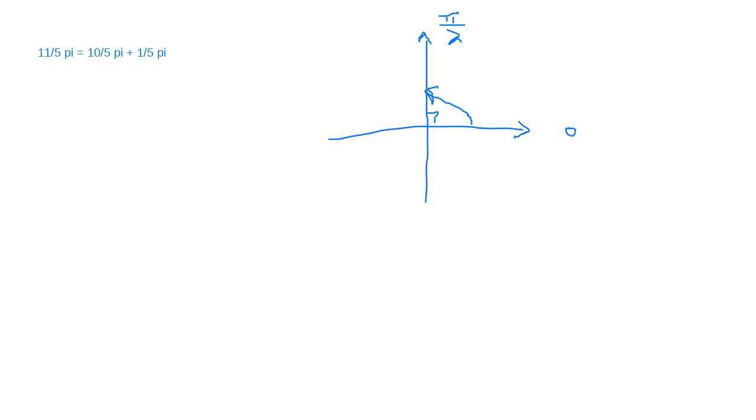If we keep going, a straight line is pi, or 180 degrees. If we keep going, we add another 90, right? We have 180, 270, 360. So this is 3 pi over 2. If we keep going, we have 360, or 2 pi.